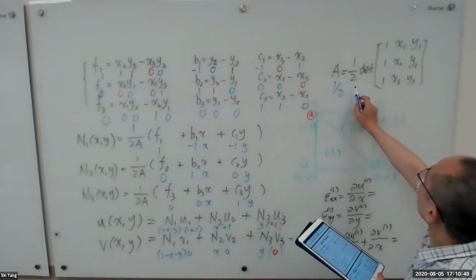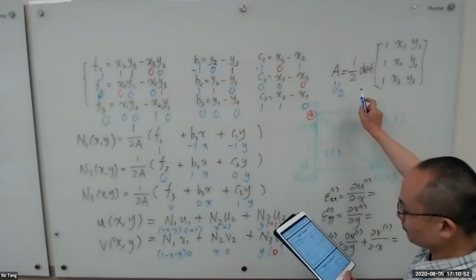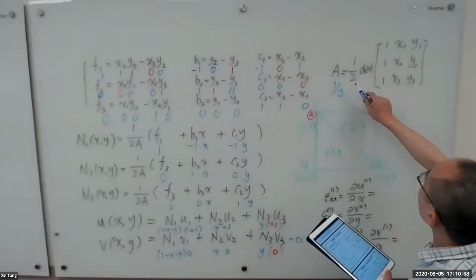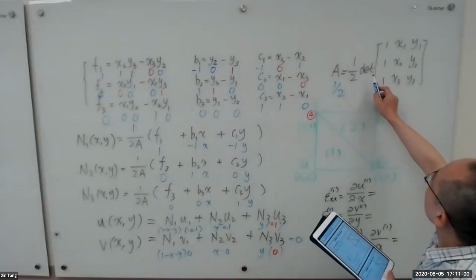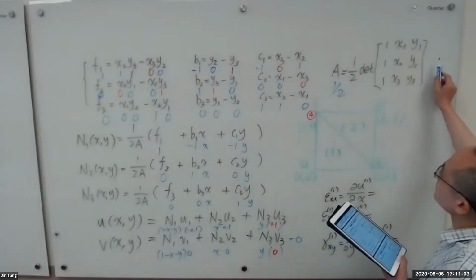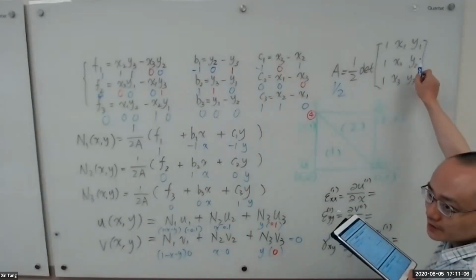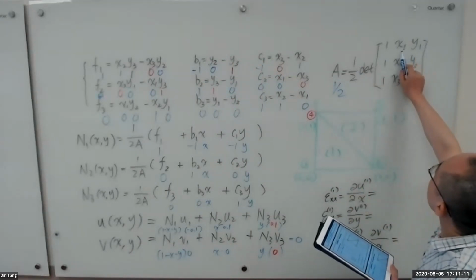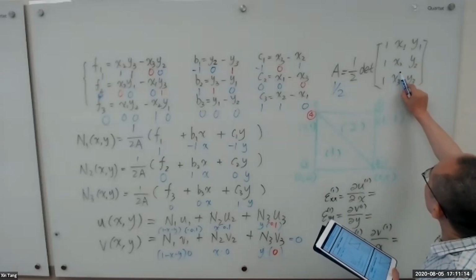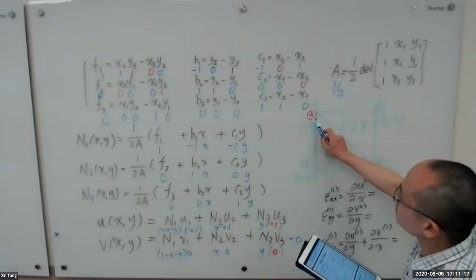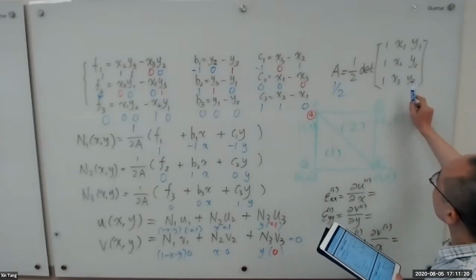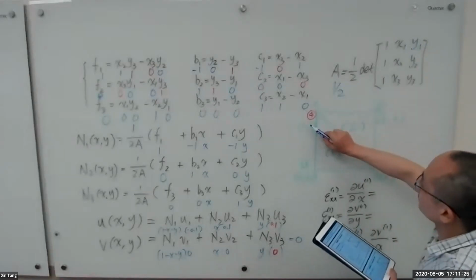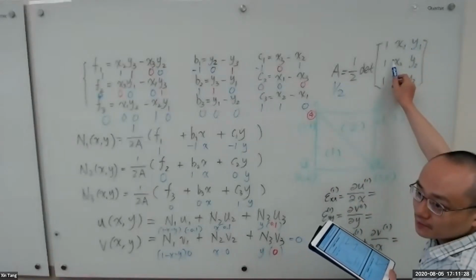Another one needed is the area of the element. Area equals 1/2 the determinant of the transformation matrix I talked about. You can put in x1, x2, x3, where x3 is the x coordinate of node 4, and y3 is the y coordinate of node 4. You can put those coordinates in and calculate the determinant.